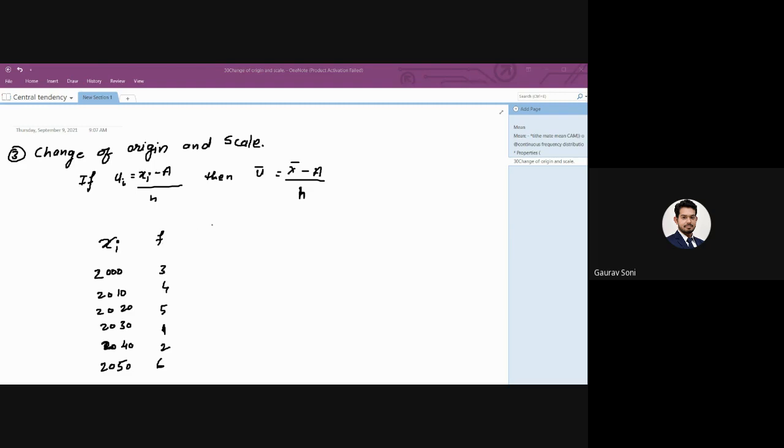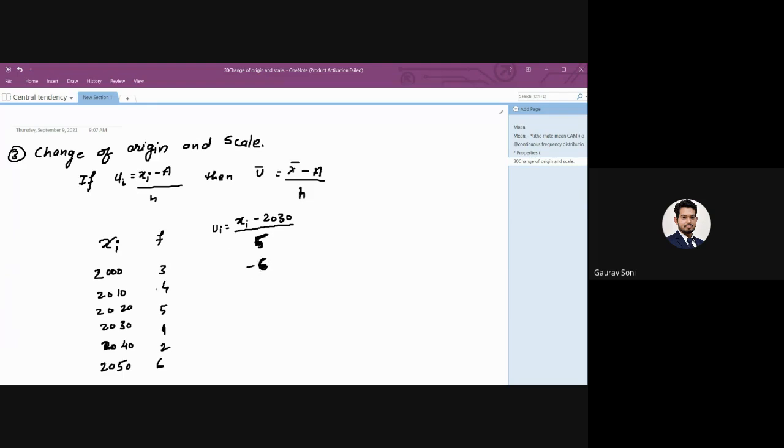Say I define ui as xi minus 2030 divided by 5. So what will happen? 2000 minus 2030 will be minus 30, and divided by 5, minus 6.